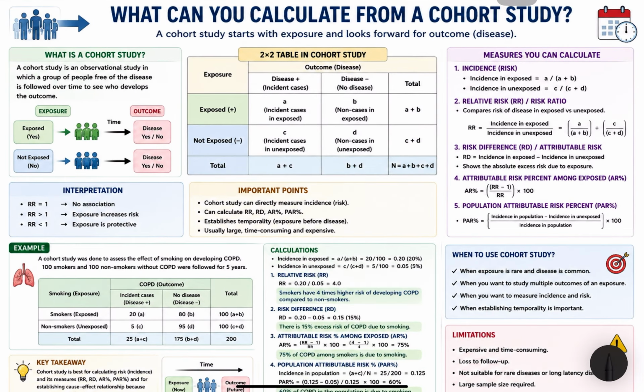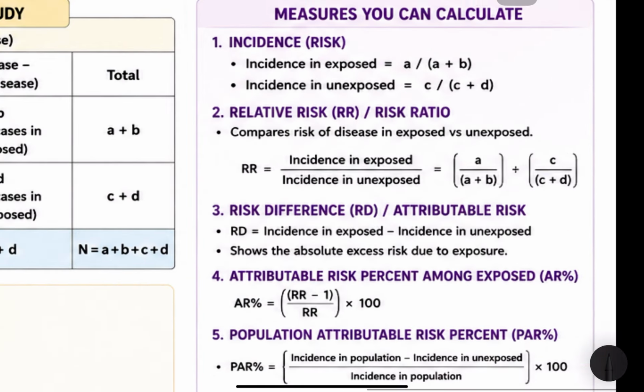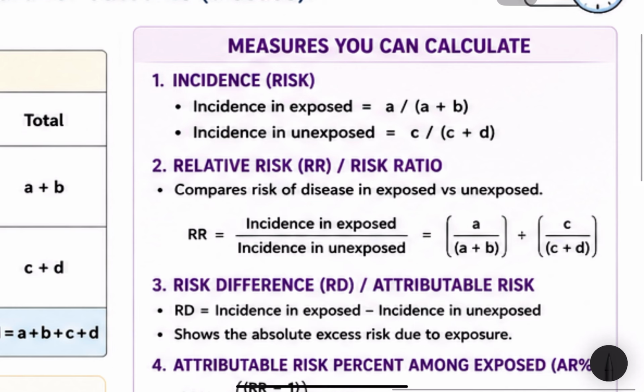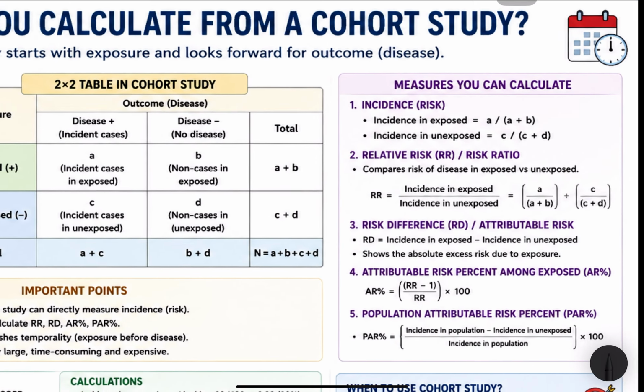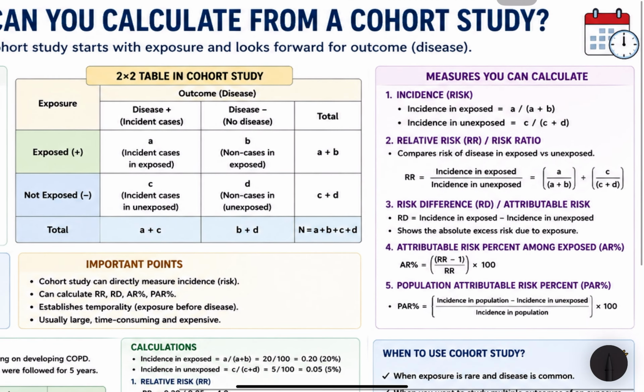So what can we measure through a cohort study? First, we can identify the incidence of the disease. Incidence in exposed: the formula is A upon A plus B, where A plus B is the total exposed people.